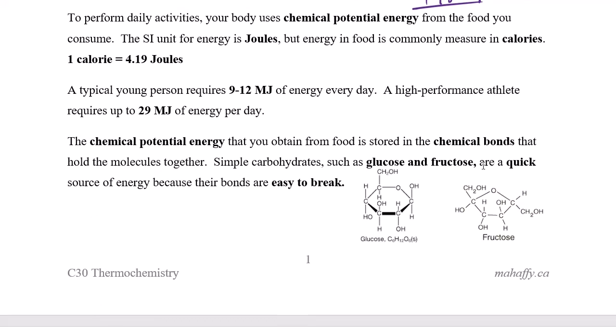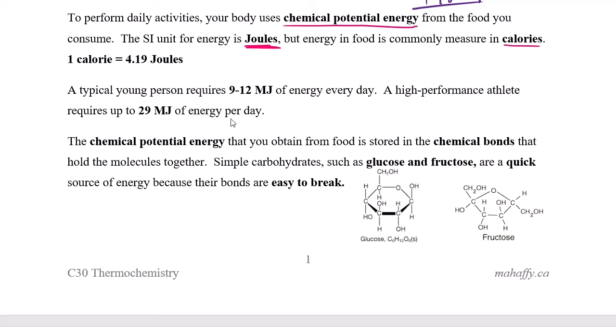So to power your body, we need lots of chemical potential energy. We like to measure energy in joules because we're scientists and that's our metric SI unit. But commonly on packaging, you'll see food measured in calories. A calorie is equal to 4.19 joules.